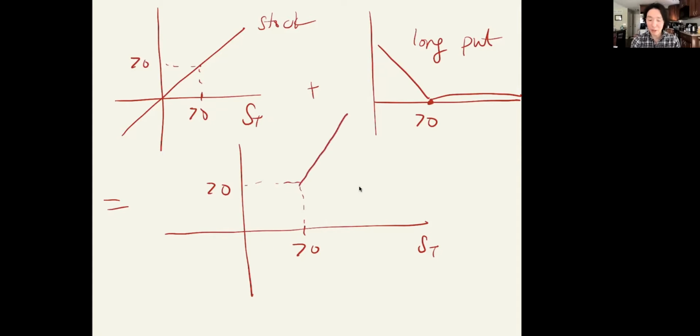Because put option payoff is simply 0 in that region, whereas the stock goes up by 45 degrees line. Whereas when the stock price is lower than 70, basically your loss in the stock position and the earning from the put position are going to cancel. Therefore, you have this thing. So that is protective put. Even if stock price goes below $70, you don't lose money.